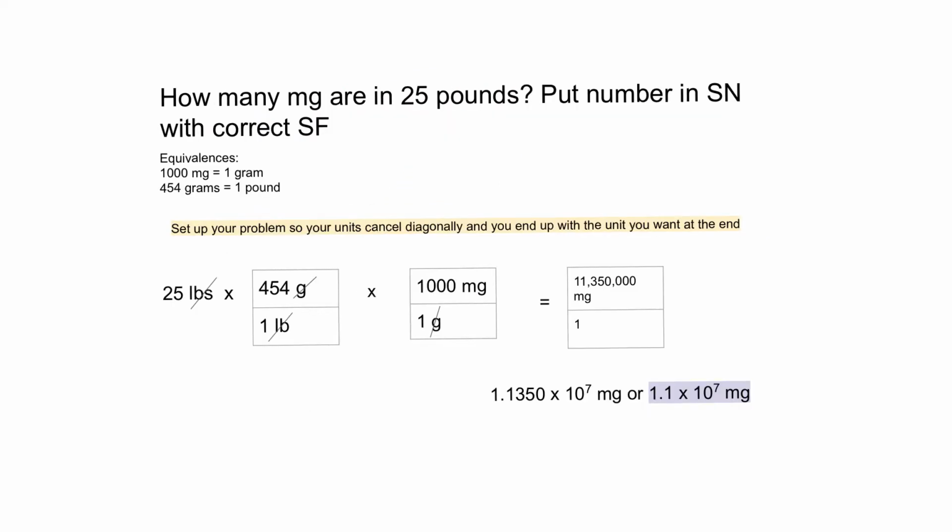All right, so now let's try this one. How many milligrams are in 25 pounds? Now the directions say put the number in scientific notation with the correct sig figs, okay? So here are the equivalences I need. I know there's 1,000 milligrams in a gram, and there are 454 grams in a pound.